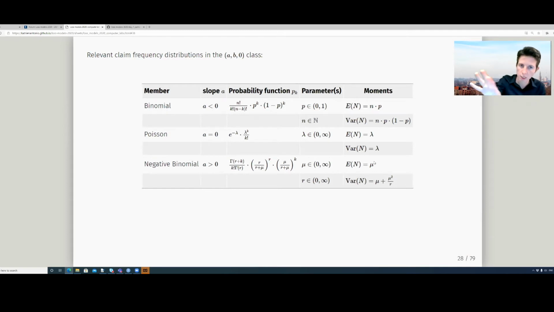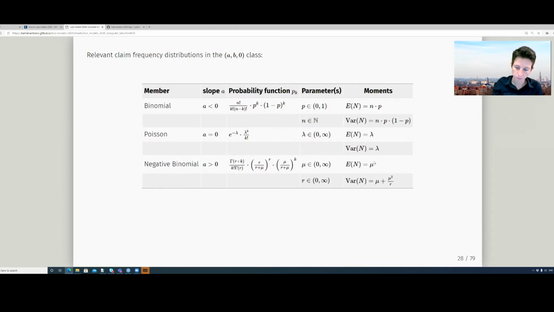This is just a recap. Here you see these three very popular ab0 class distributions being summarized. For example, for the negative binomial distribution, we would have a slope a that is strictly positive. We've got the probability function, the parameters, the moments, and so on.